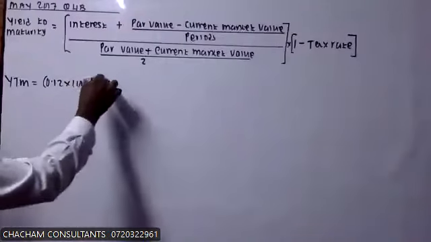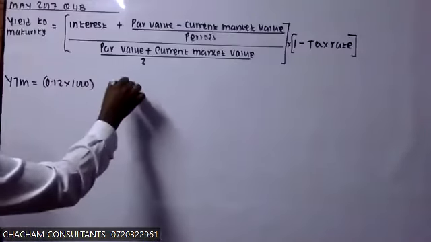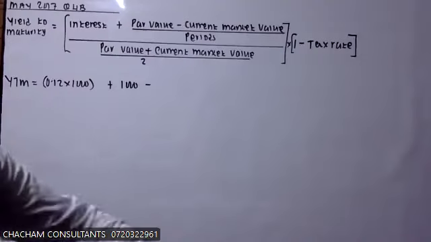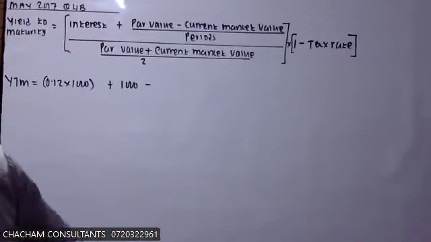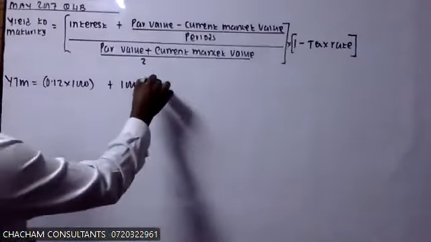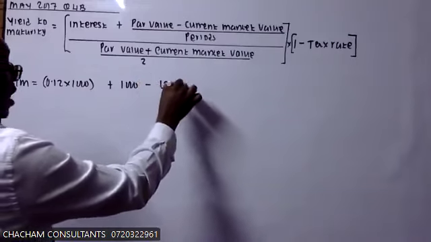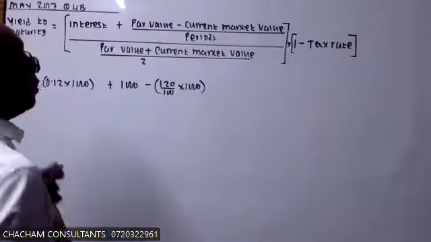Then you say plus par value of that board, 1,000, minus the current market value. The current market value is 120% of par.